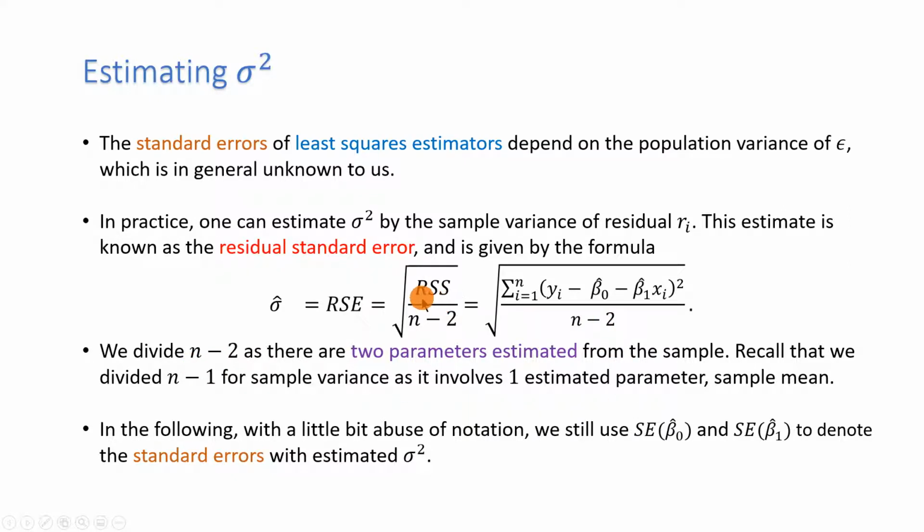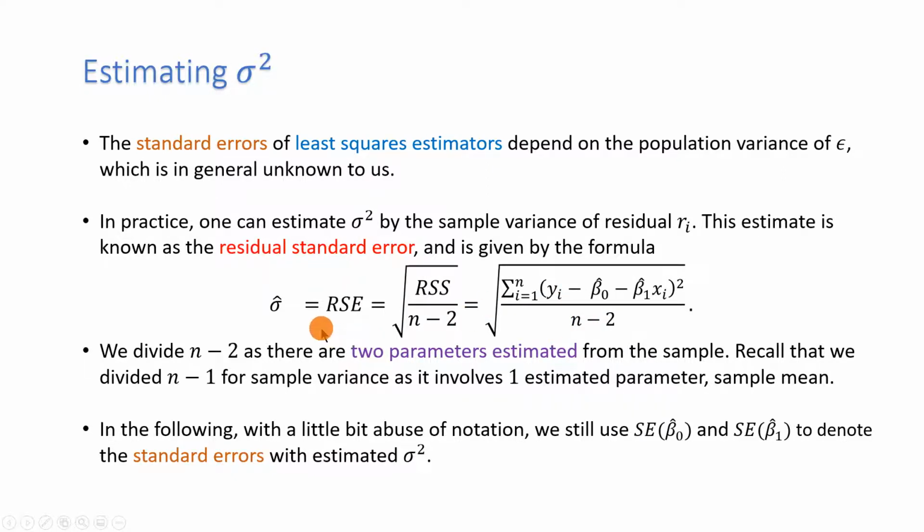Because for calculating the residual sum of squares, we already know two parameters, beta 0 hat and beta 1 hat, right? So recall that in the last class, we showed that beta 0 hat and beta 1 hat admit a closed form that depends on your random sample xi, yi for i from 1 to n, right? So as long as you know beta 0 hat and beta 1 hat, you need to subtract 2 degrees of freedom from your sample, okay?